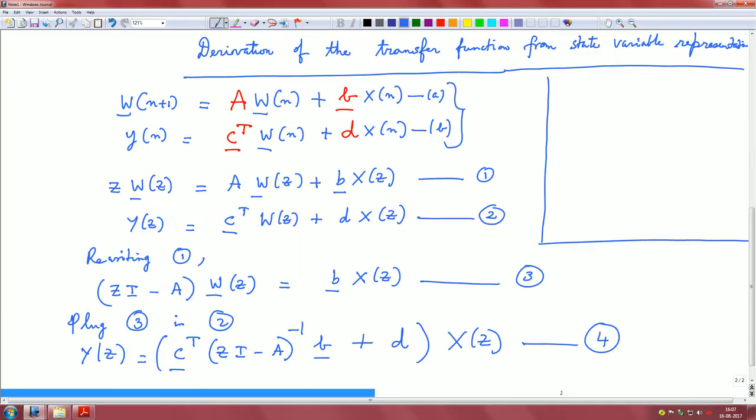Okay. Now we are ready to derive this transfer function.